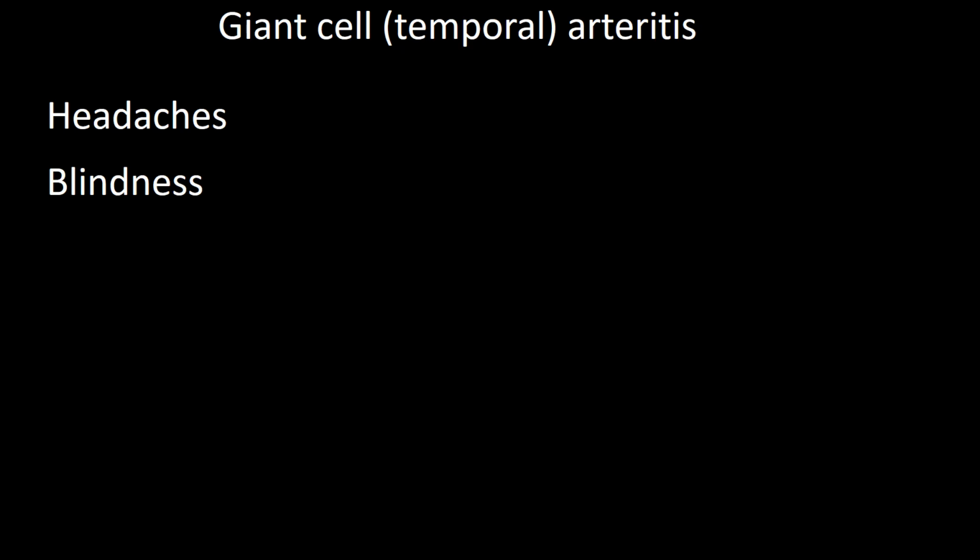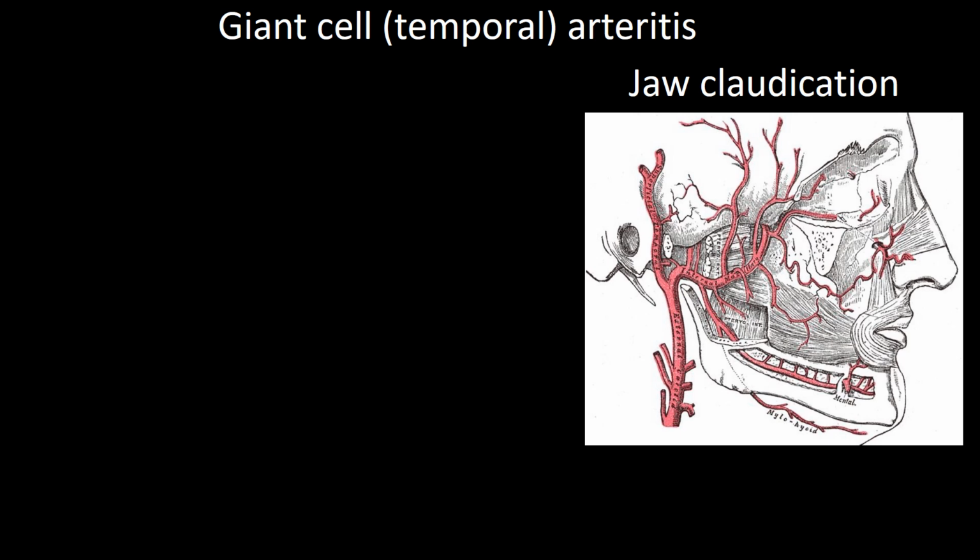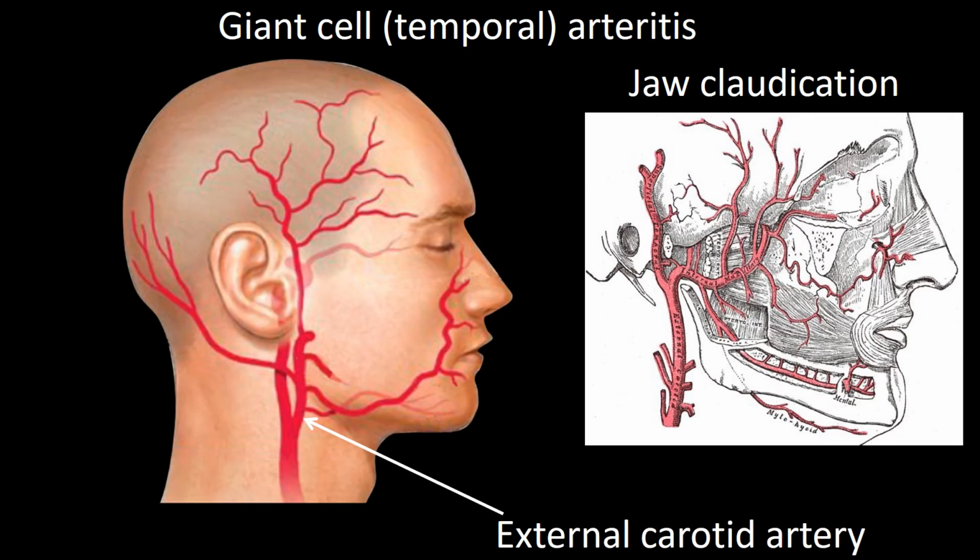Patients with giant arteritis also suffer from jaw claudication. Jaw claudication is due to insufficient blood flow to the masseters during mastication. As you can see in this frame, I have indicated the external carotid artery and the maxillary artery.